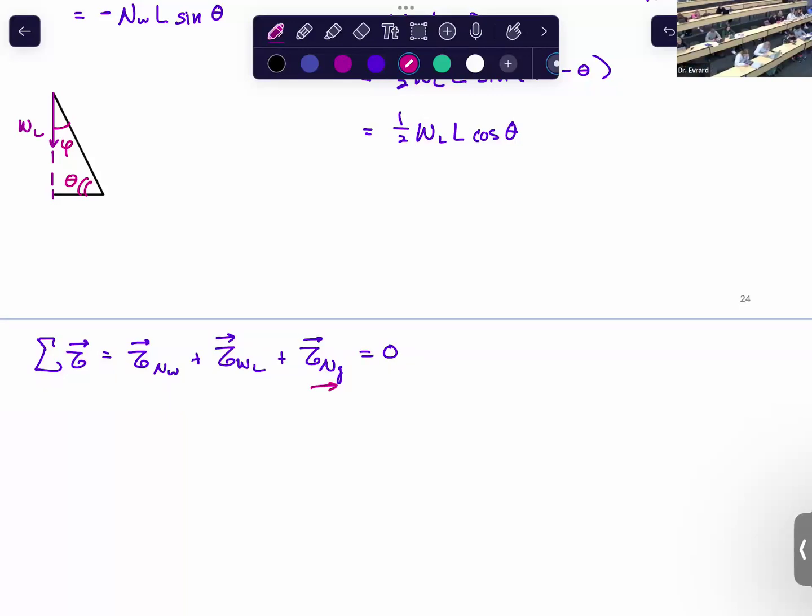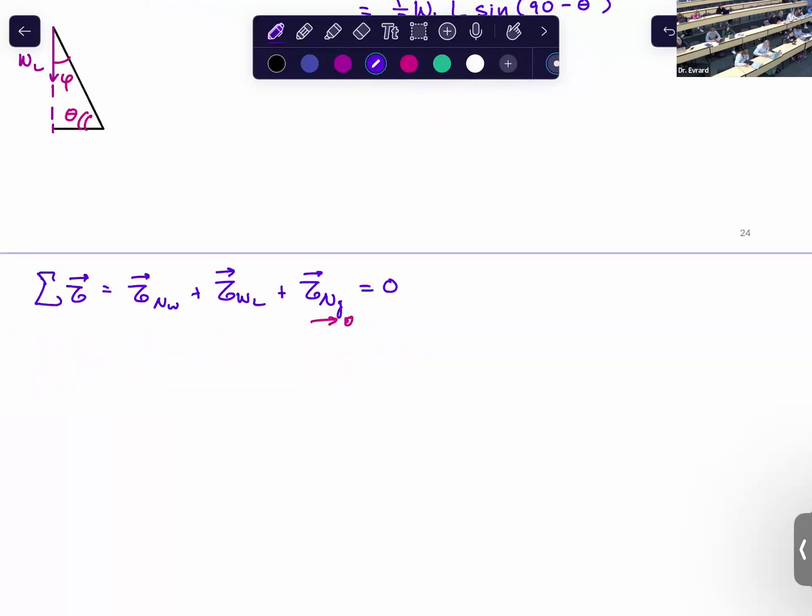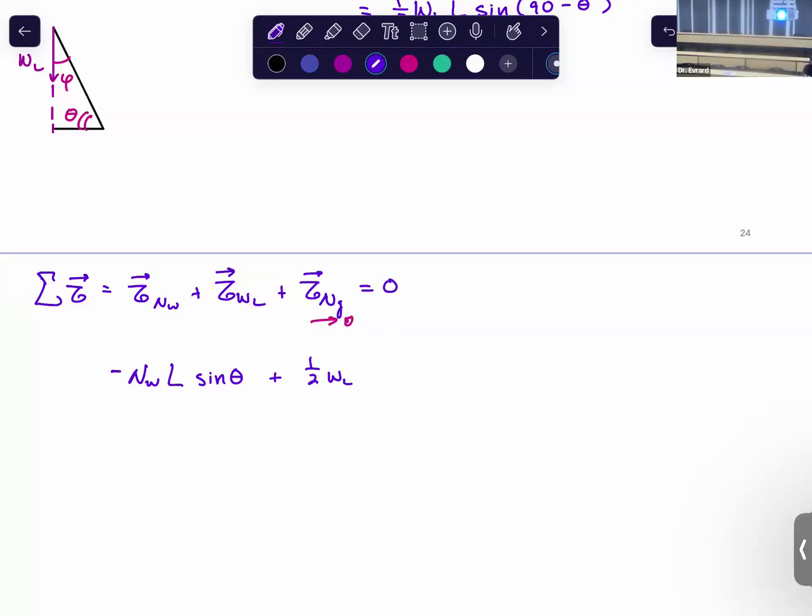We already know that torque is 0, because the normal force due to the ground is right on the pivot point. So we have the torque due to the normal force of the wall and the torque due to the weight of the ladder, and let me write that as a small w so we don't confuse it with words.